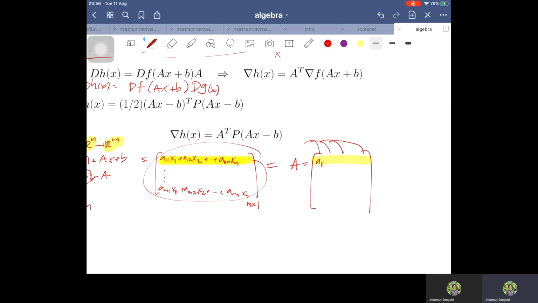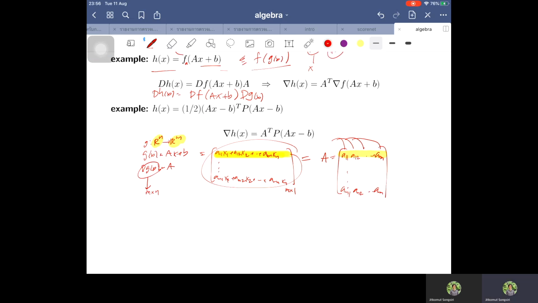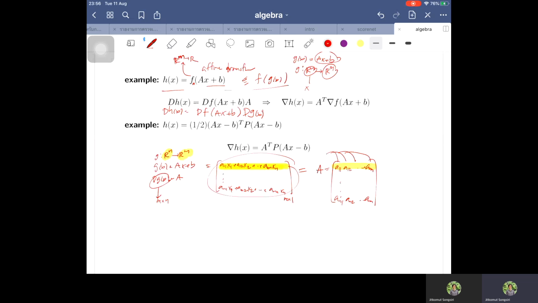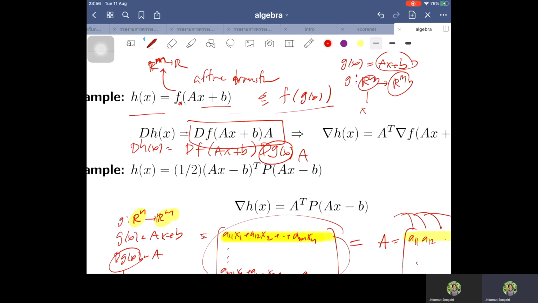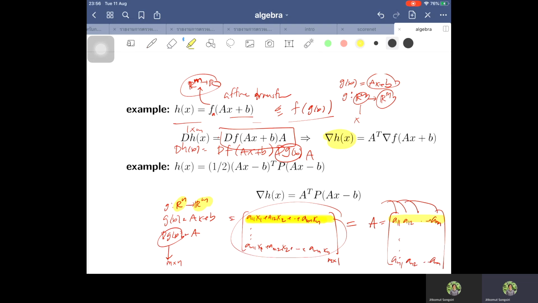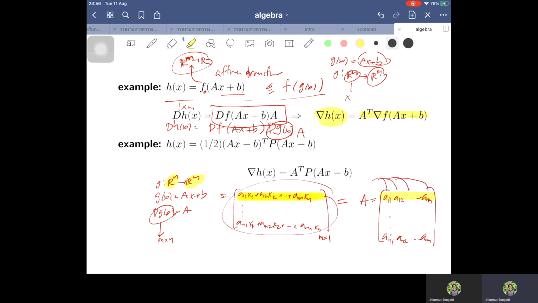So this is going to be a11, a12, up to a1n, and am1, am2, up to amn. So it's simply A. Then we go back here. The Jacobian of H is going to be 1 by m. If you use the term gradient instead, so that it's a column vector, it's going to be A transpose, just transpose the whole thing. So it's A transpose times the gradient of F at Ax plus B.